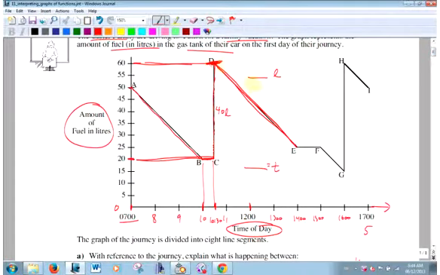How many liters from here to here? Well, that is definitely 25. That is 60. What's 60 minus 25? I burned 35 liters. How long did it take? From 10:30 to 2 o'clock. Okay, well, here's how I do this.